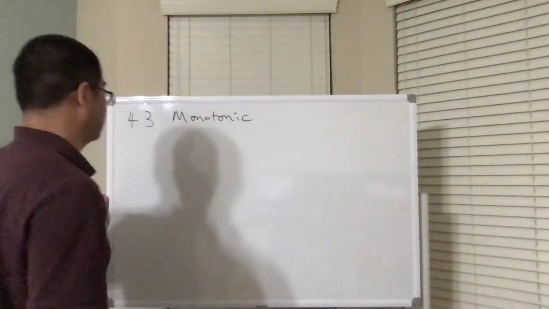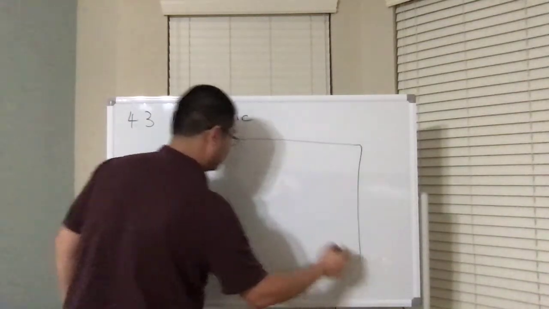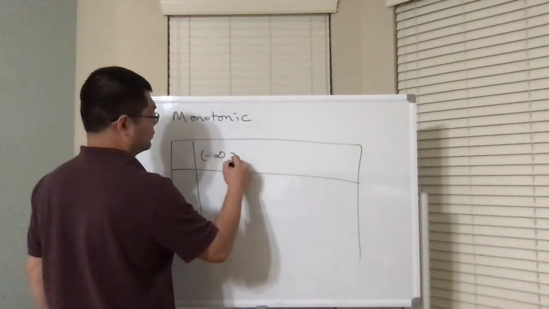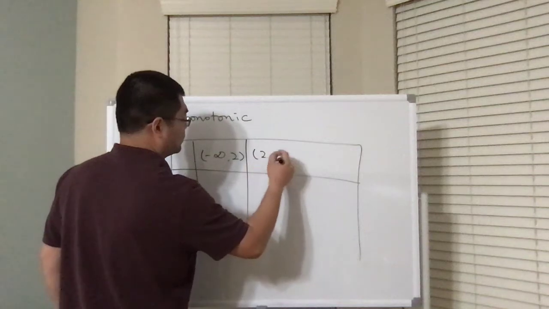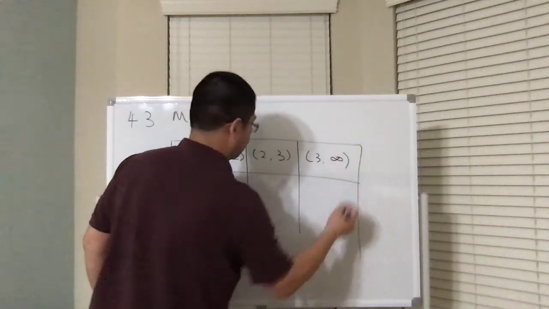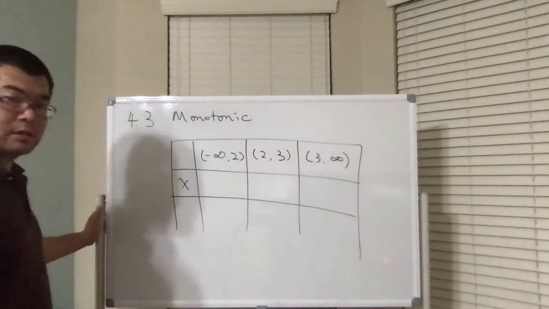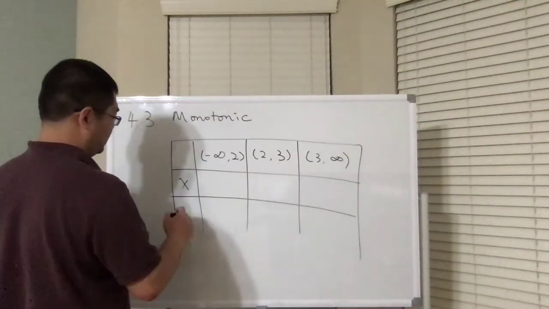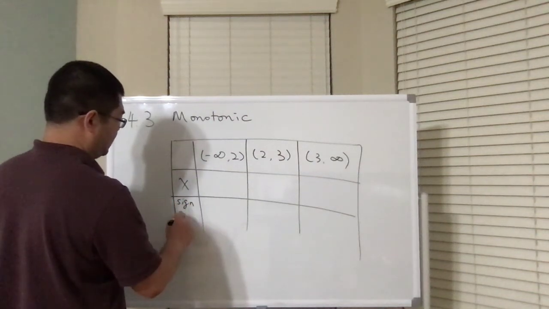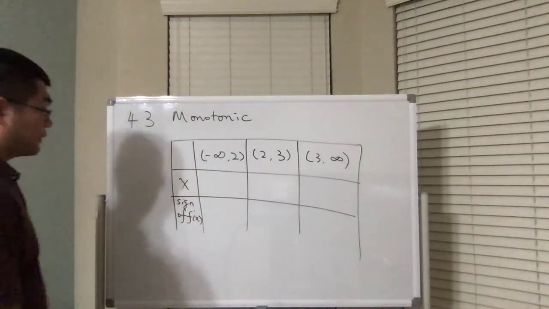Okay, so right now I'm going to start to list the table here. From negative infinity to 2, from 2 to 3, and then from 3 to positive infinity. I'm going to list x here, and then we're going to have the sign of f prime, the first derivative.